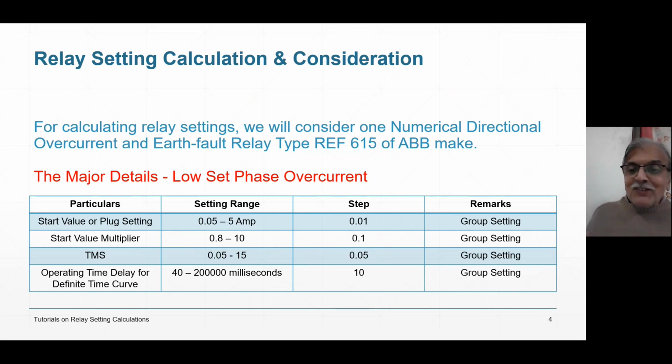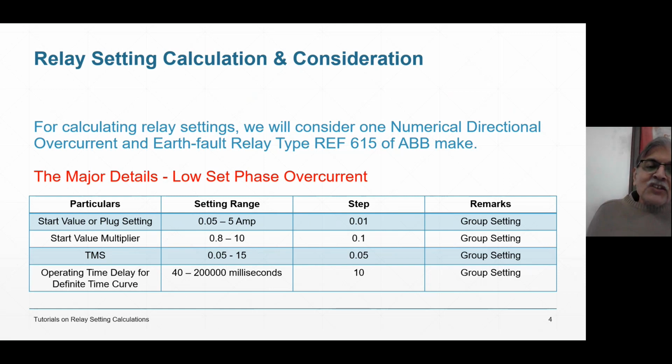And this is in group setting. That means 6 such groups are available. In one group, you can set one value, in the second group you can set another value, and automatic changeover from one group to another is possible using binary input. That we will try to see as we go further.